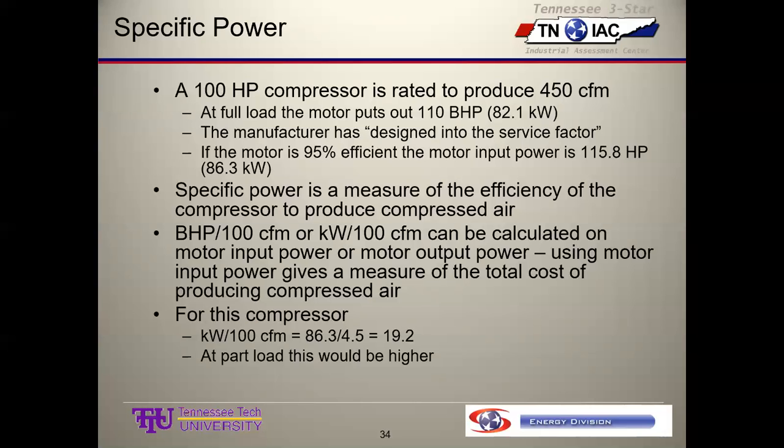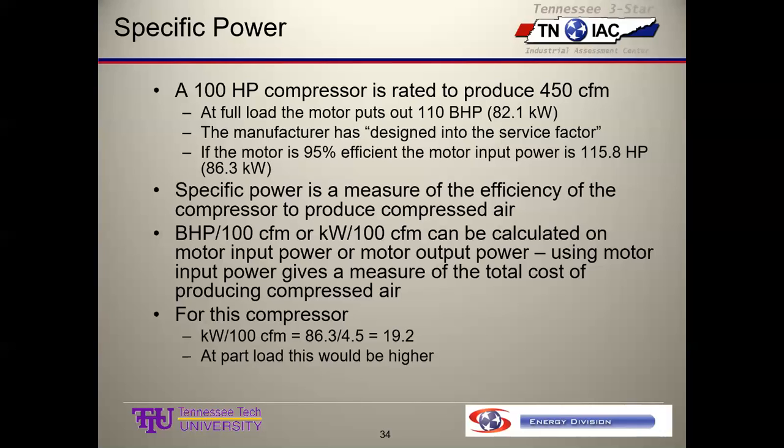Using motor input power gives a measure of the total cost of producing compressed air. So for example, for this compressor stated up above, that's 10% into the service factor, it's pulling 86.3 kW at 450 CFM, so 86.3 divided by 4.5 hundreds is 19.2, which is a typical full load efficiency for a lube injected rotary screw compressor.